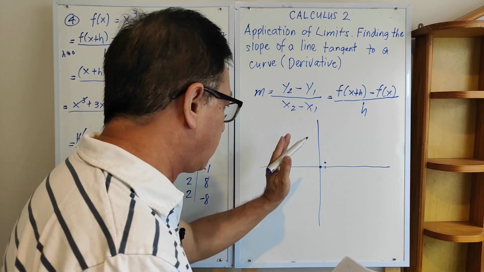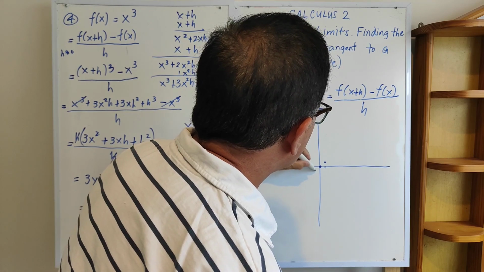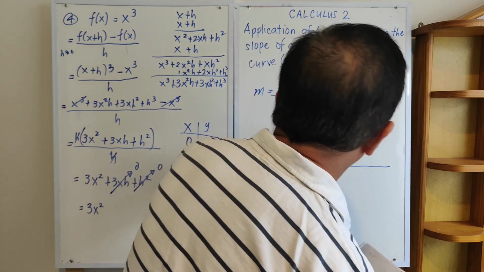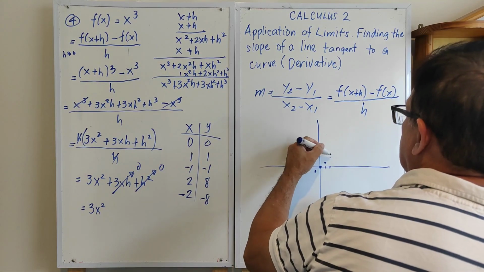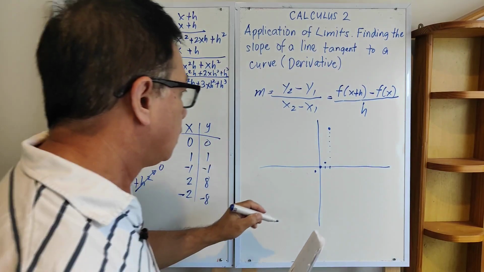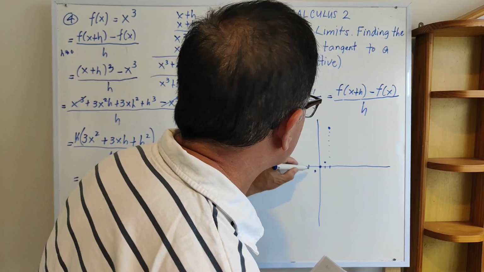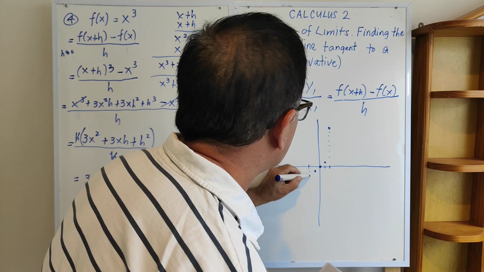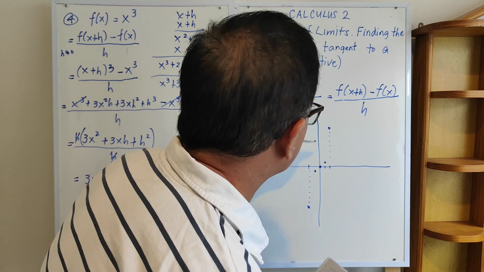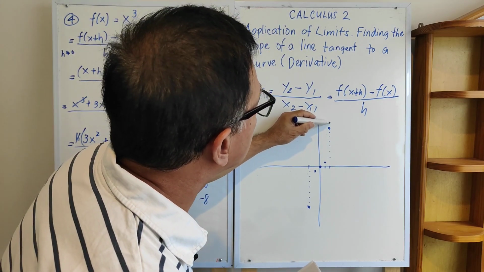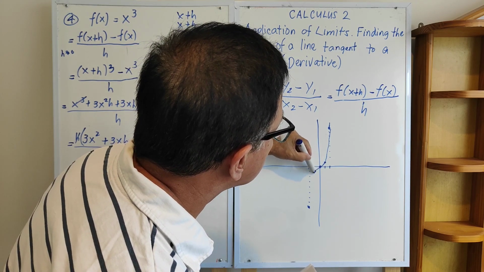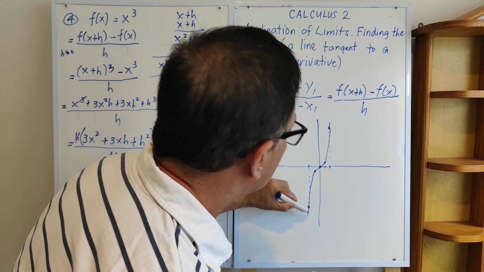Negative 1, negative 1 is this one. 2 and 8: 1, 2, 3, 4, 5, 6, 7, 8. And then negative 2, negative 8: 1, 2, 3, 4, 5, 6, 7, 8. So these are your points. Your curve is actually like this. So this is your curve.